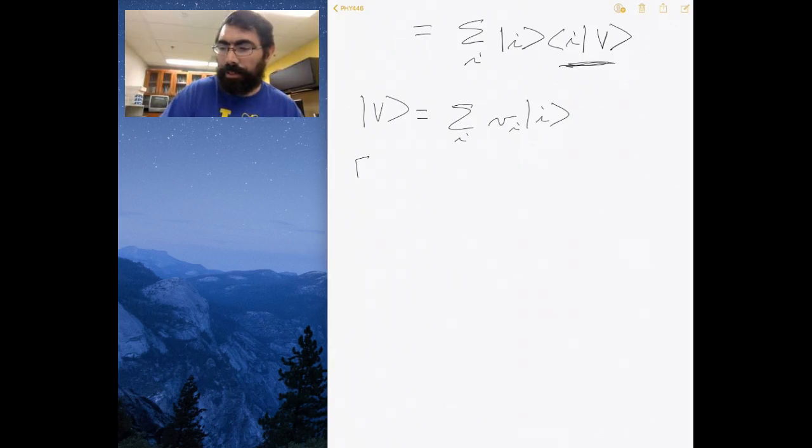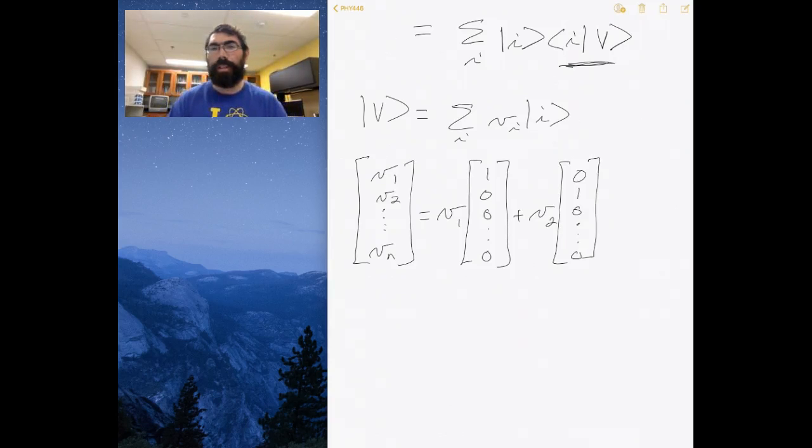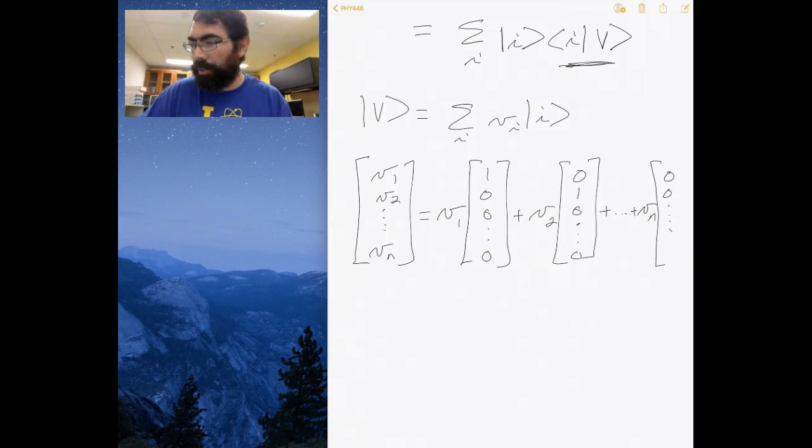My column vector v1, v2, dot, dot, dot, down to vn is nothing more than the component v1 times the unit vector for 1, plus the component v2 times 0, 1, basically the unit vector for the second dimension, all the way up to vn times the column vector for the nth dimension.